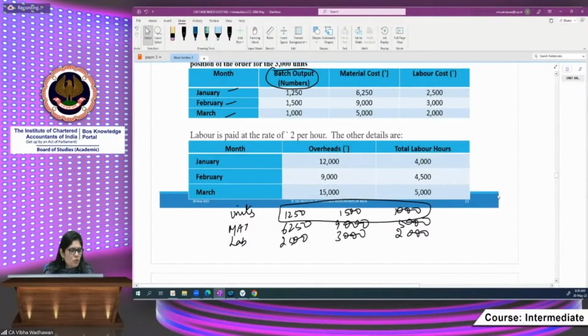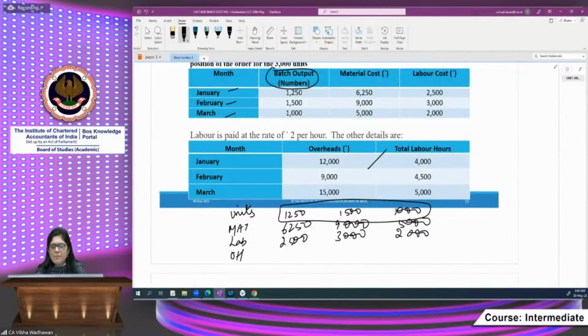Now coming to overheads. Good. Overheads are absorbed. Material and labor were the actual cost given. Overheads are absorbed on the basis of labor hours. So first let us calculate the overhead rate. Overhead rate per month. For every month, it has to be a different overhead rate.